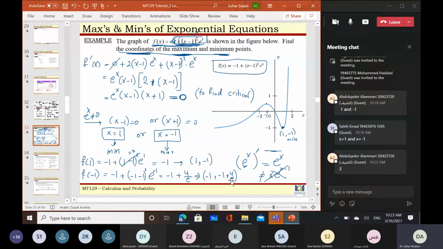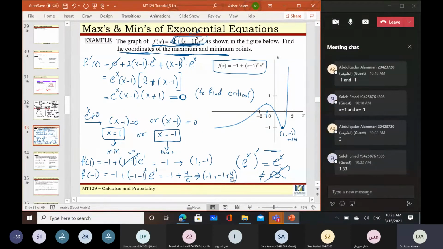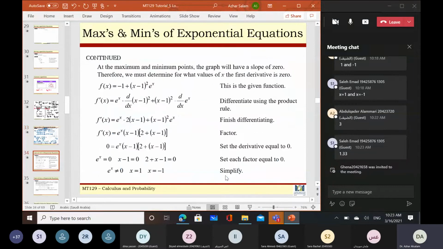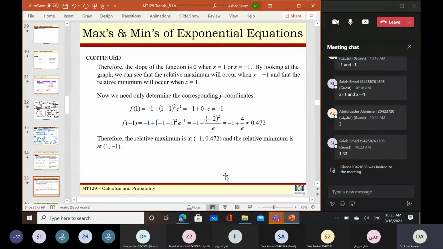Maybe 1 point something, then minus 1, so it's less than 1, the result. Yes, but you have to add minus 1 to it. I think we have the result here, from your slide.